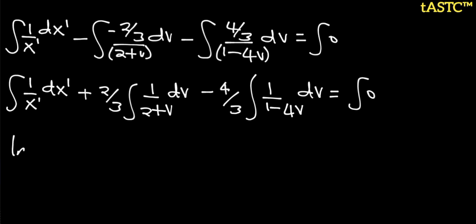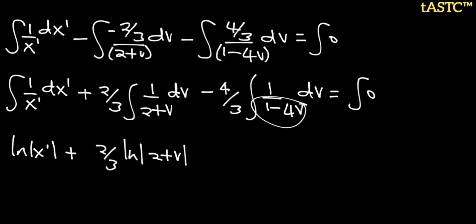This is going to give us an ln absolute x prime. And here we're going to have a 2 over 3 ln absolute 2 plus v. The derivative of 2 plus v with respect to v is actually going to be a 1. The derivative of x prime with respect to x prime is also going to be a 1, so there is none to worry about right there.